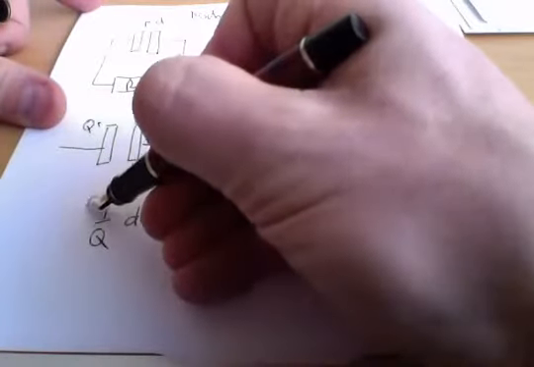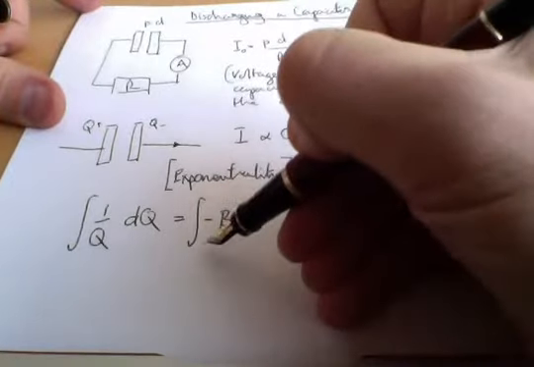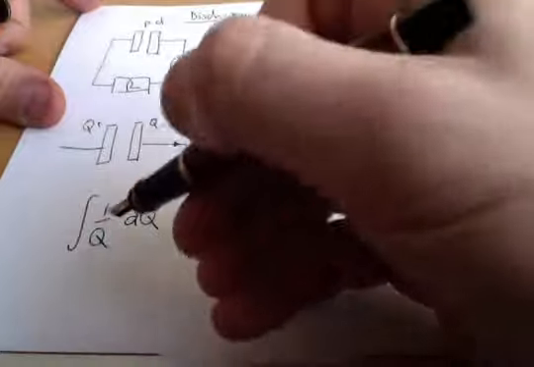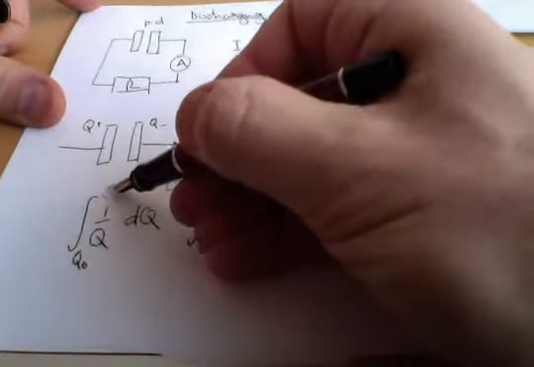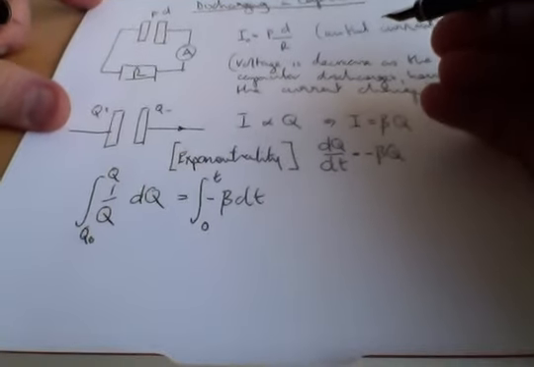I want to integrate both sides because I want to find out what happens over any period of time. We go from 0 to an unknown time t, starting with a known quantity, Q0, and then we find out what the charge is after a certain time.